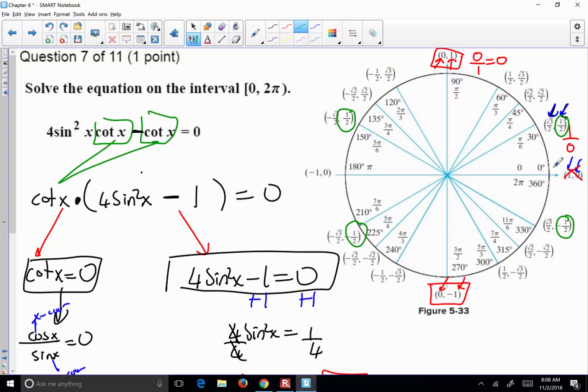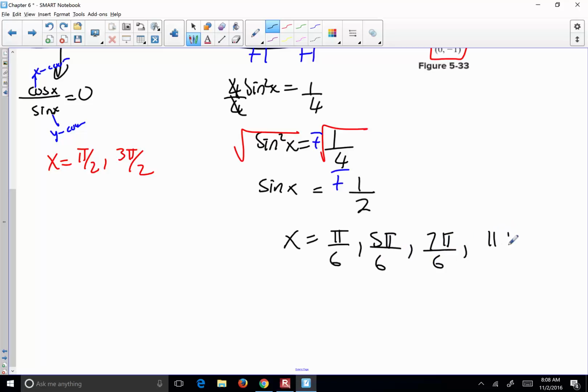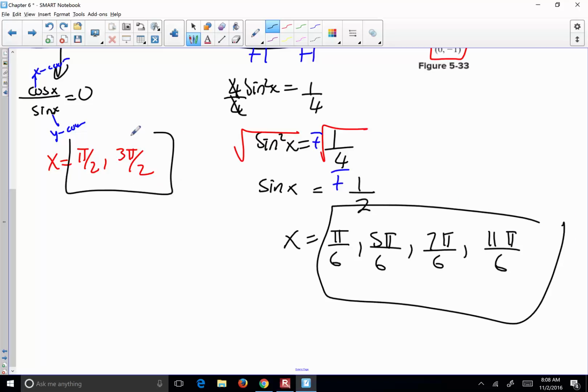There are 4, right? 30, 5 pi over 2, 7 pi over 6, and 11 pi over 6. It's the same as the earlier answer, right? So there are 6 solutions here. Wow, such a big solution set. 4 coming from this, 2 more coming from there, 6 in total.